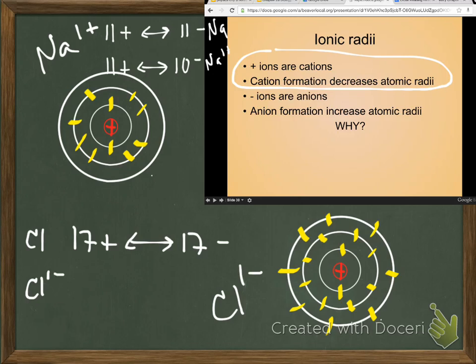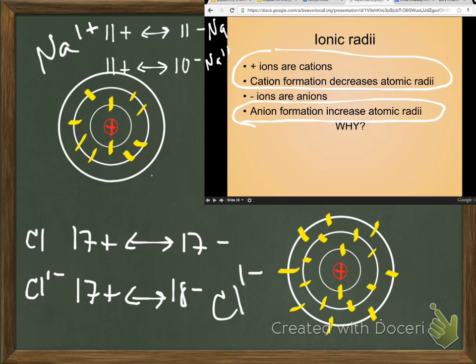In a chloride ion, or chlorine 1 minus, we now have 17 protons exerting a force on how many electrons? 18. Who wins? The atomic radius expands because you've now got more electrons and the nucleus can't pull them in as tightly. So anions are actually fluffier than their neutral atoms.